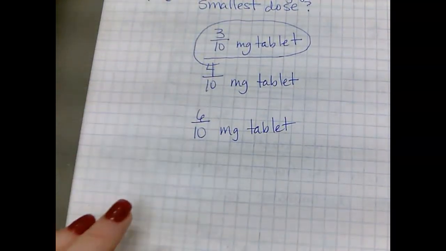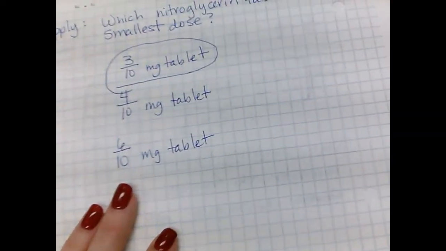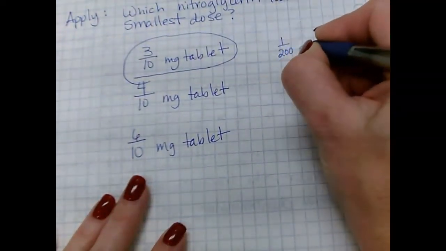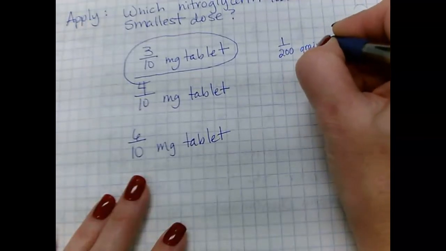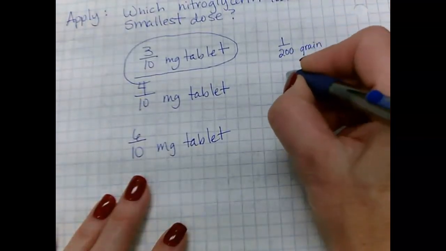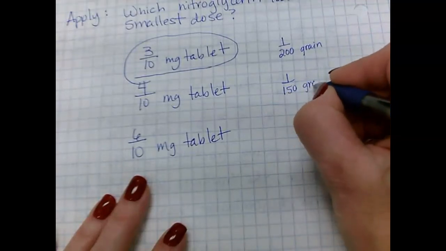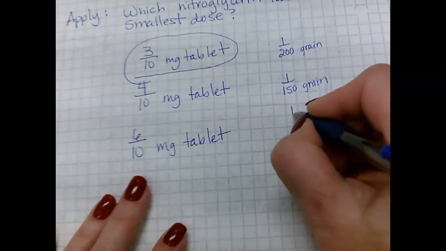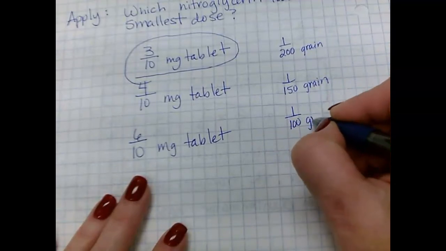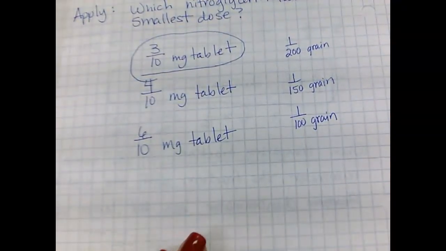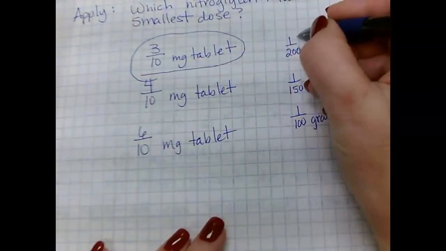So the correct answer is 3/10 because that's your smallest dose. So remember, let's do it like this. What if we had these 3 fractions? 1/200 grain, 1/150 grain, or 1/100 grain. It's a way we measure. We'll talk about that more. So which one of these tablets is the largest dose? So remember, all the numerators are the same.